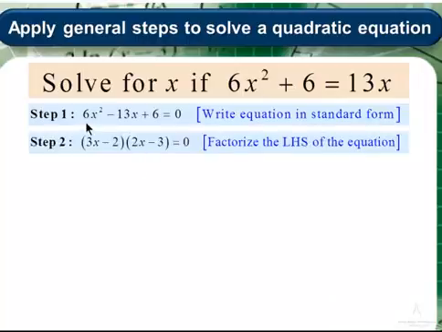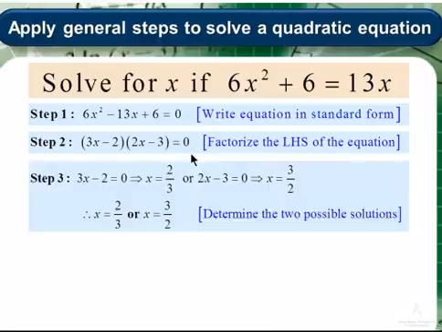Step number 2 will be to factorize the trinomial on the left hand side of this particular equation. You should be familiar with this particular process. So we have the two linear factors: if we factorize, 3x minus 2 multiplied with 2x minus 3, and the 0 must be on the right hand side.